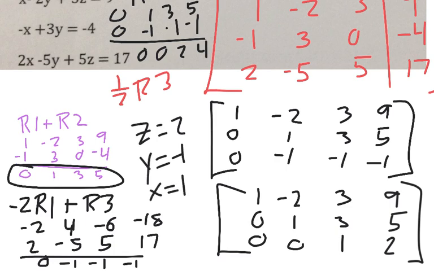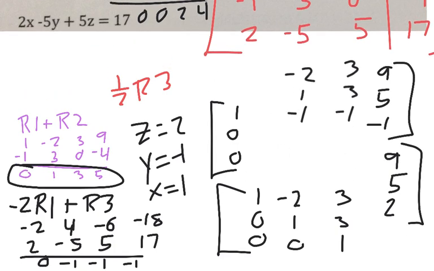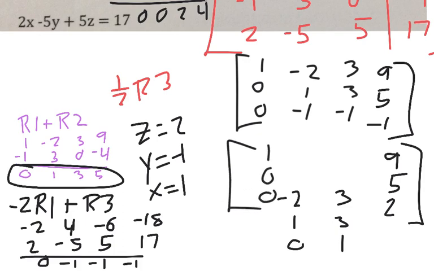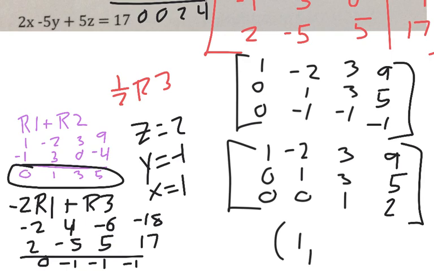So the ordered triple is 1, -1, 2. Point where they all intersect.